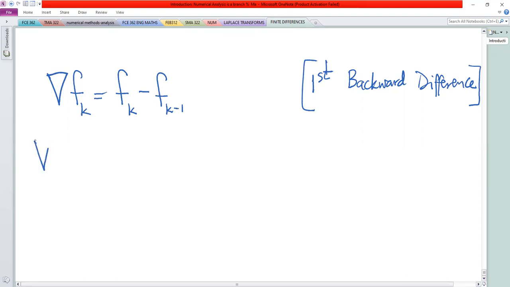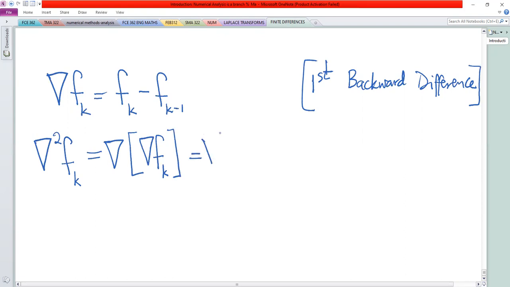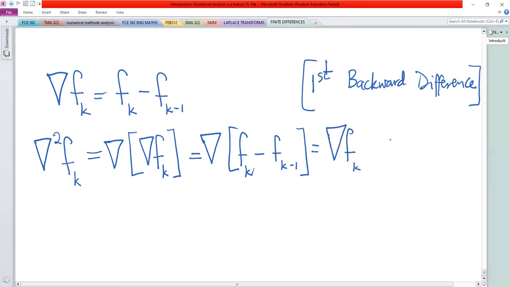Simply, this power 2 of fk will be the same as the difference of the first difference, applying laws of indices. Now this will be backward of, by definition, fk minus 1, which will be the same as backward of fk minus backward of fk minus 1.